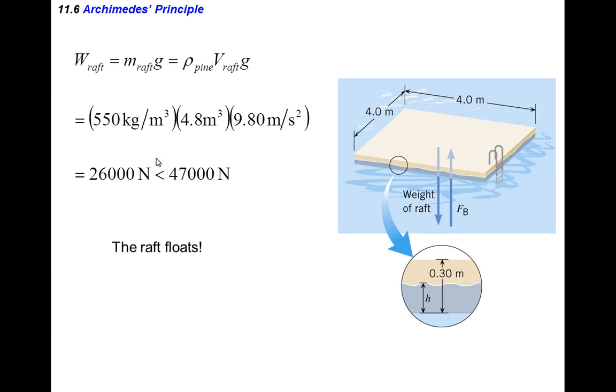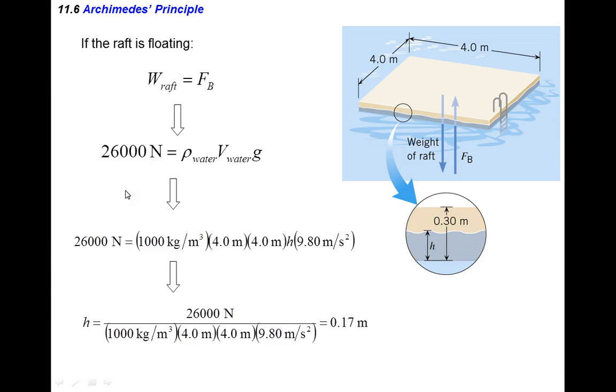It will sink in the water until it displaces 26,000 newtons worth of water. So our objective is to figure out the volume of 26,000 newtons, and then I can figure out how much of the raft is under the water. Since we know the dimensions of the raft are 4 by 4, the volume is going to be 4 by 4 times this height, this depth that it's going to sink.